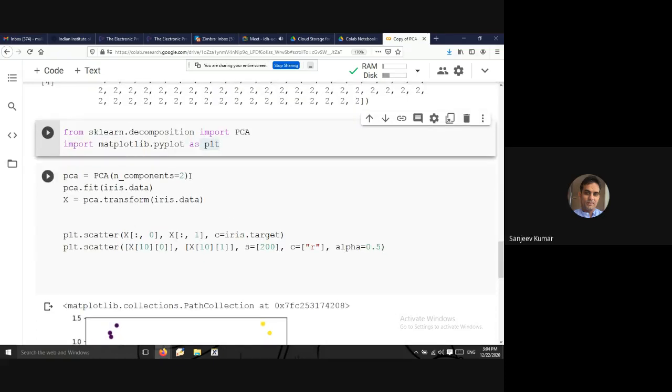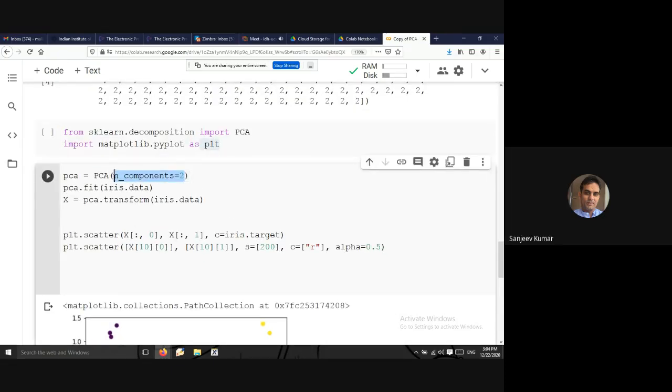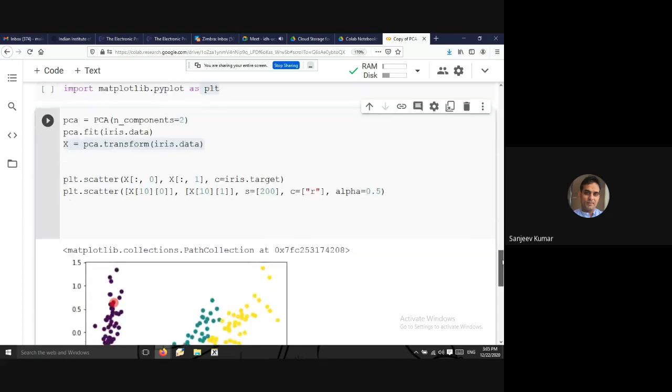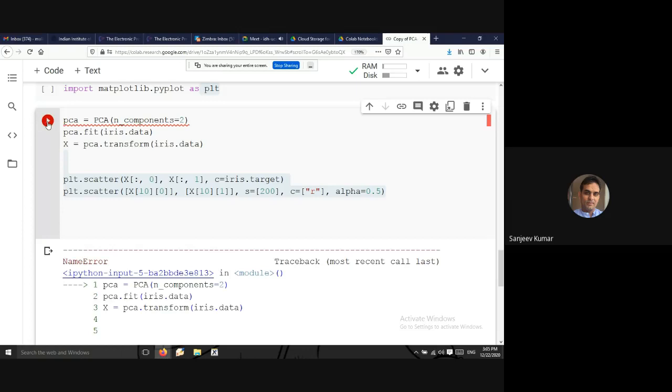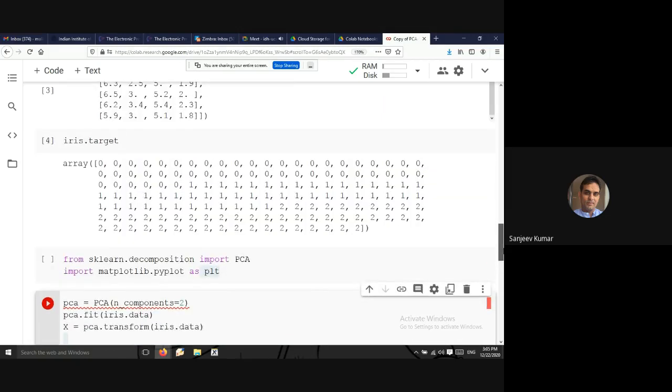Now I will reduce it into a 2-dimensional problem, so the number of components is now 2. Instead of 4, I need 2 dimensions. Then PCA.fit is for calculating the eigenvalues, eigenvectors, etc. The first 2 principal eigenvectors are used to transform or project all the 4-dimensional data to that new 2-dimensional space. And these are for plotting. So once you have this plotting, first I have to import it.